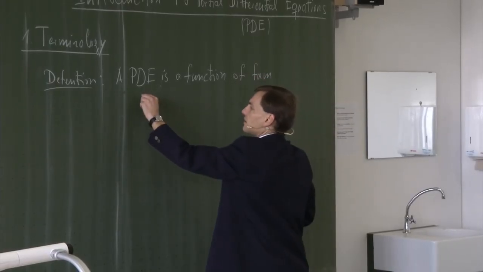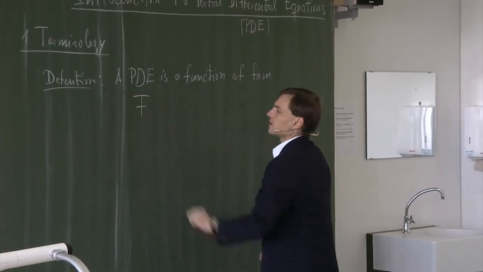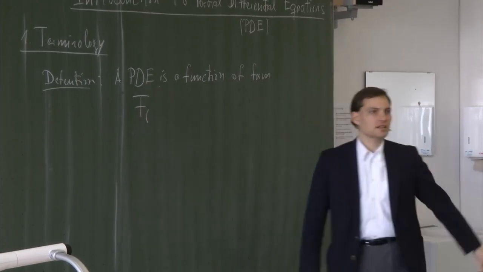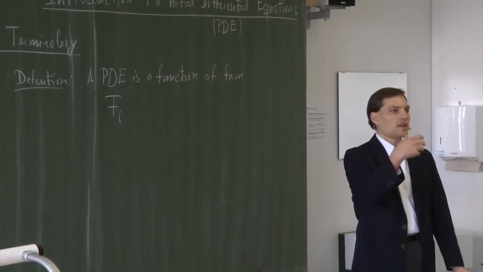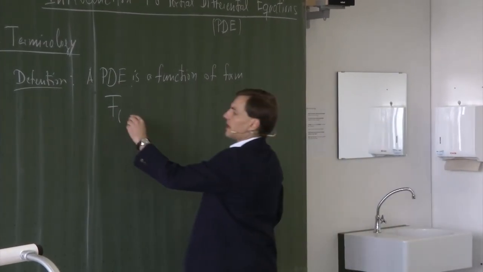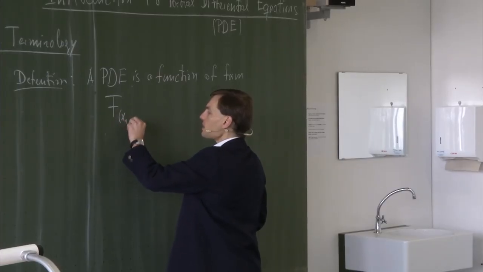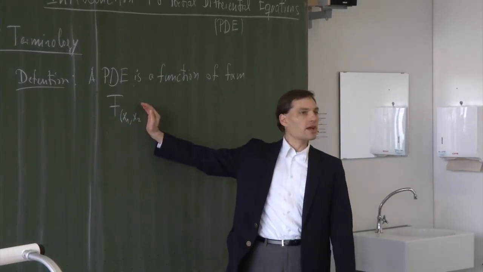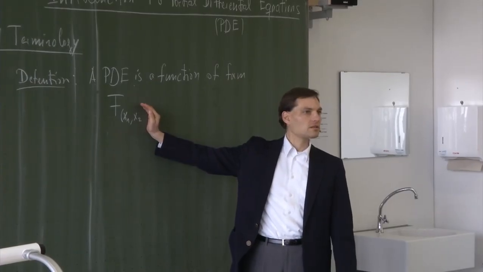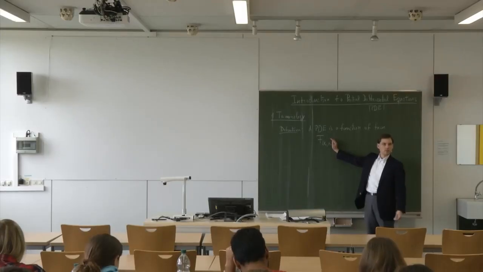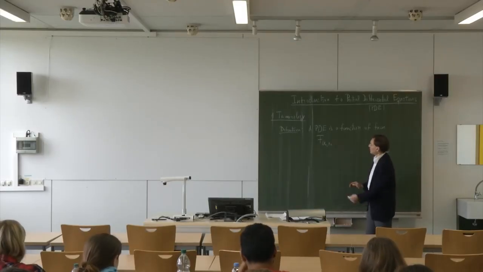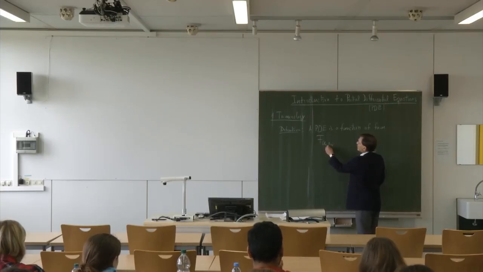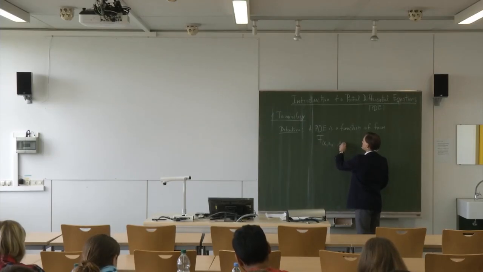and now I write it like F, and this function is dependent on variables. Let's say there is an x1 variable and there is an x2 variable. Then we can stop and say that's a function of 2 variables, and if we calculate the derivatives, we have partial derivatives. Well, if I do this more generally, then we have not only 2 variables, let's say we have n variables.